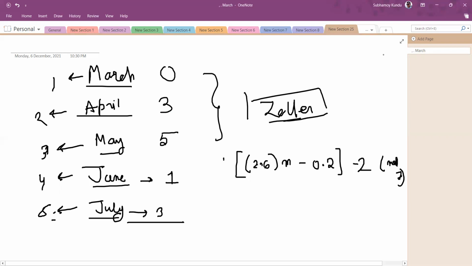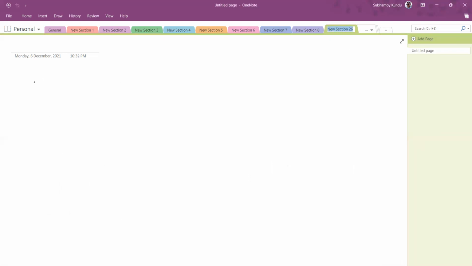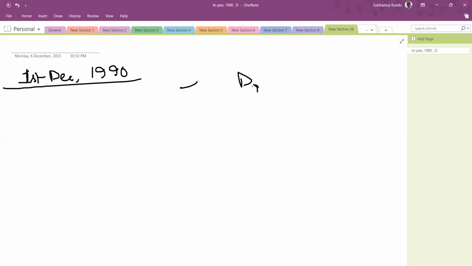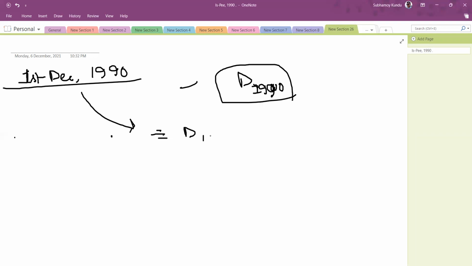So if you are finding out what will be the 1st of December 1990, if we know the 1st of March 1990, all you have to find out is that the 1st of December will be congruent to the 1st of March 1990 plus this thing.